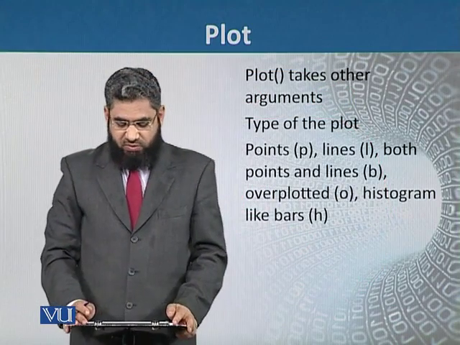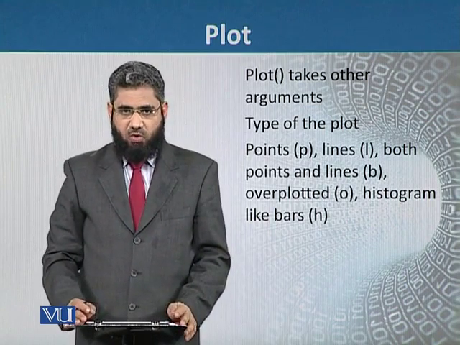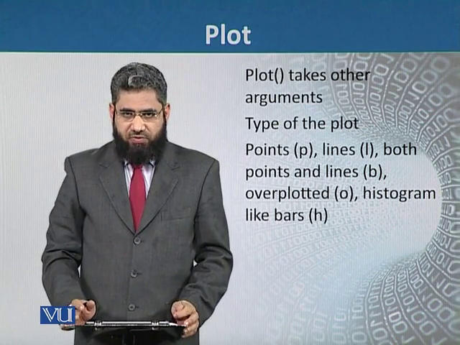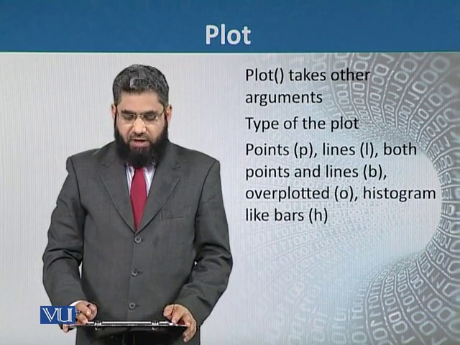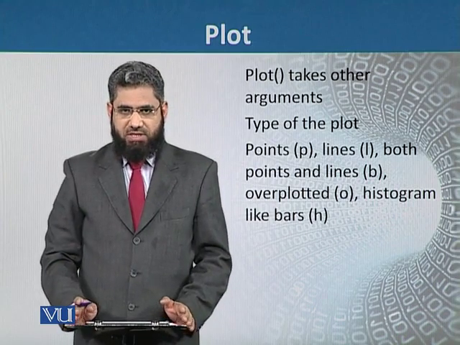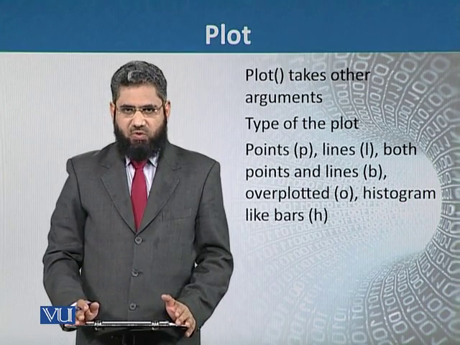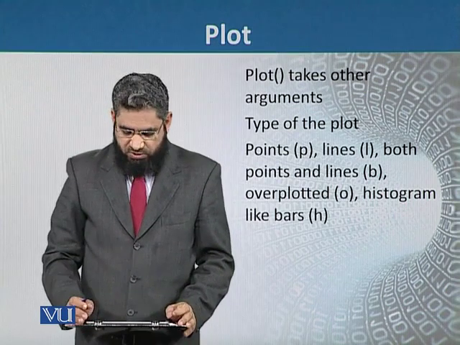So apart from this plot command, we can use other arguments after the plot command, and we can use the argument type. This type argument can be used to generate different types within the plot.